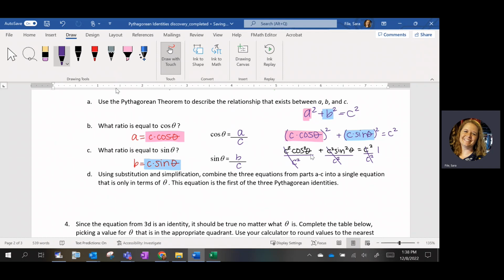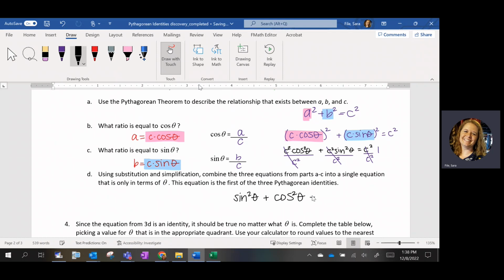Now, it can be written that way, and that's totally fine. But I can also rearrange it, can't I? The most common way you're going to see this identity written is with sine squared written first, and then cosine squared.